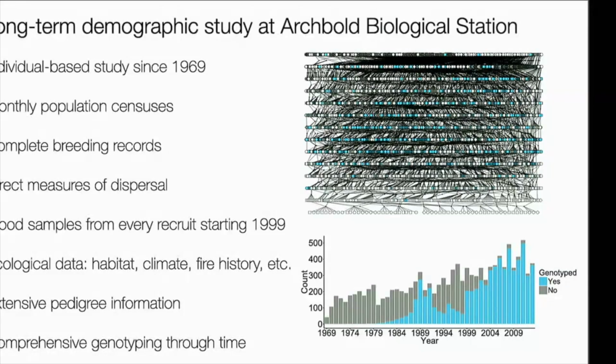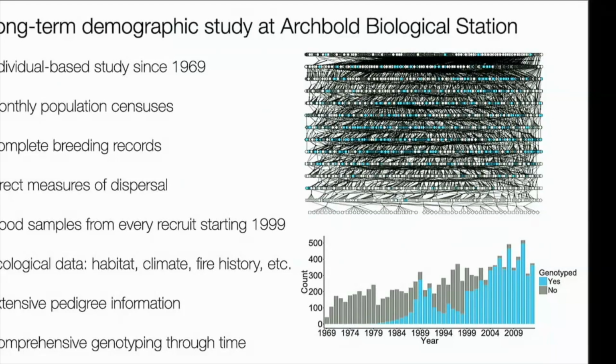As a graduate student, I sequenced and assembled the genome and developed a custom Illumina iSelect chip for about 10,000 SNPs across the genome. On the bottom here, this histogram shows the total number of individuals in our population over time in gray, and the blue bars indicate the individuals we have genotype data for. You can see we've genotyped nearly every single individual in our population for more than about 10 years.